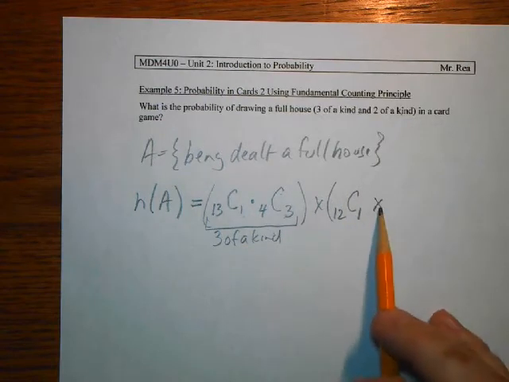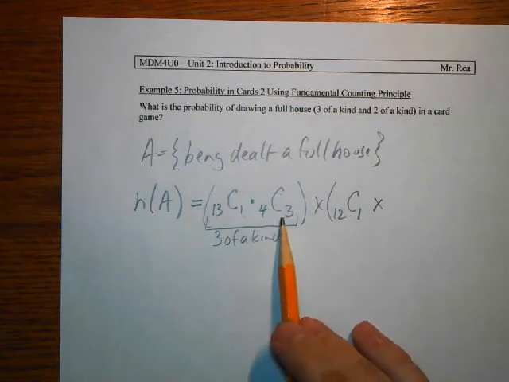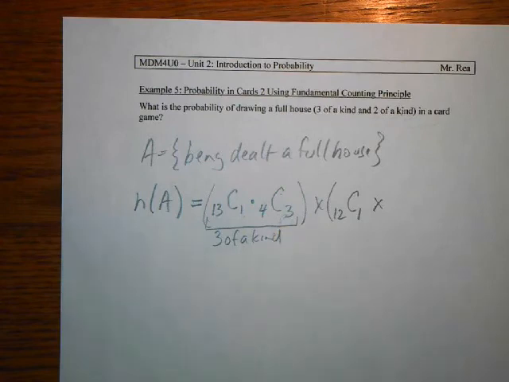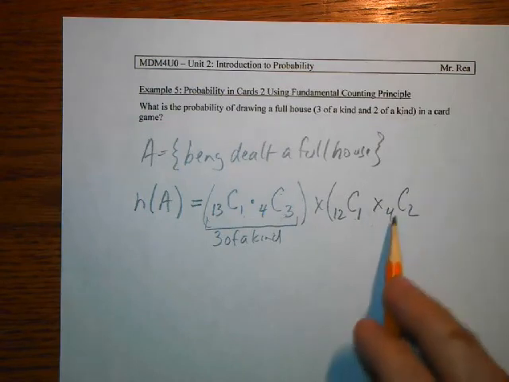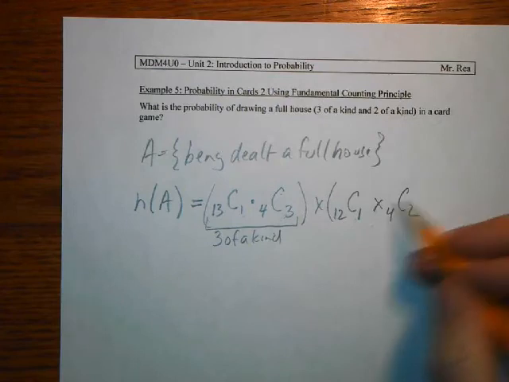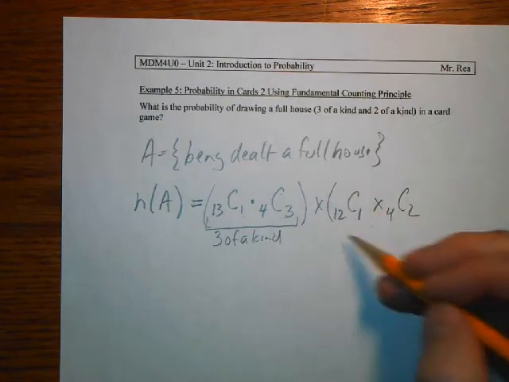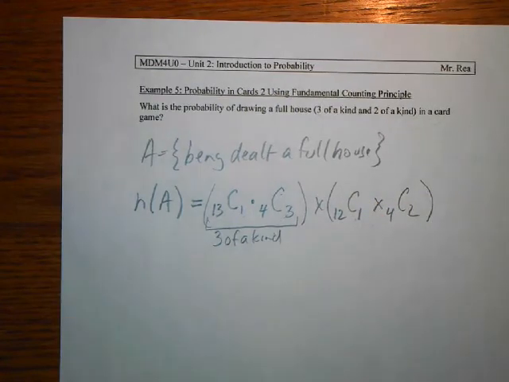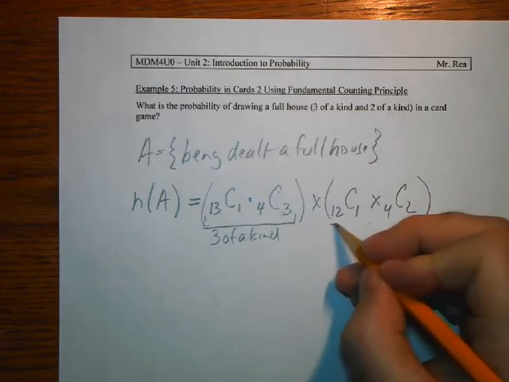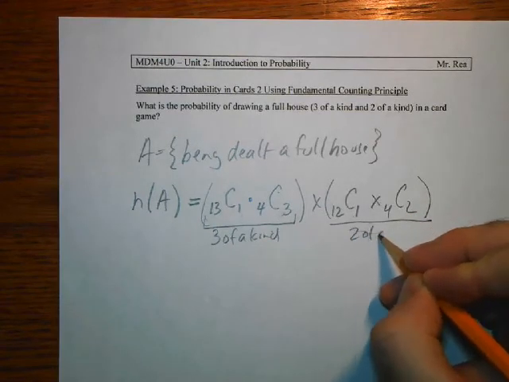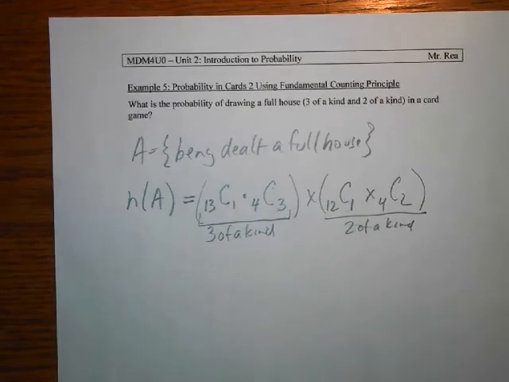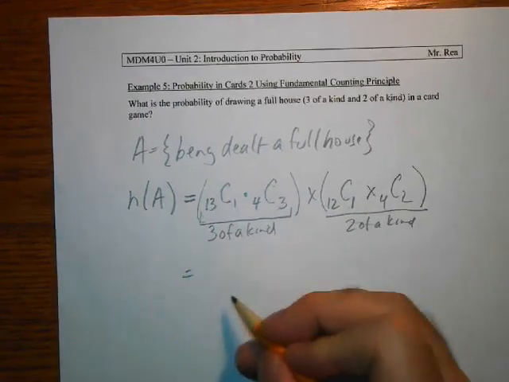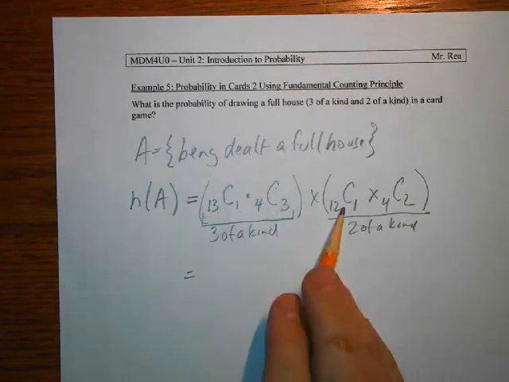Okay, now it's the same idea as this. I'm picking 2 of these because it's 2 of a kind, but I have 4 suits to choose from. So 4 choose 2 will give me the 2 suits of that type of card that I have 2 of. Okay, so this is my 2 of a kind calculation. Now that's equal to, well, these are nice and easy.